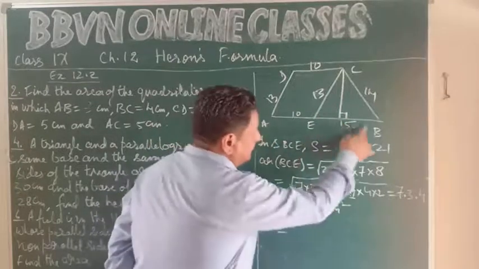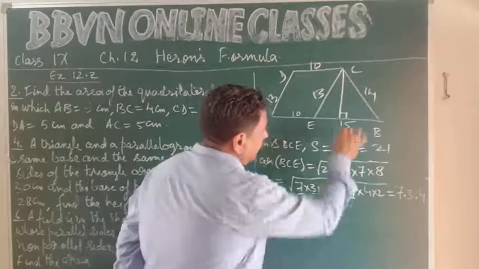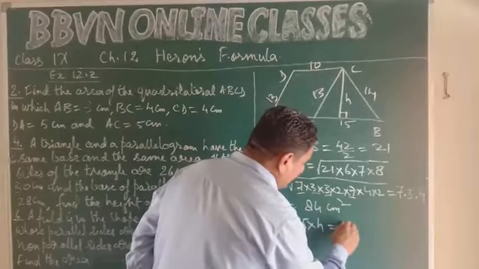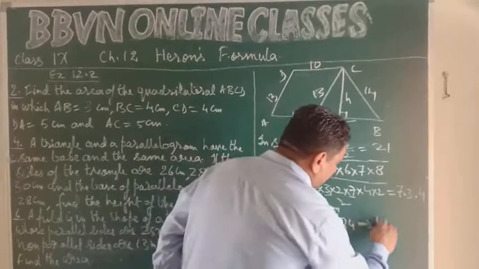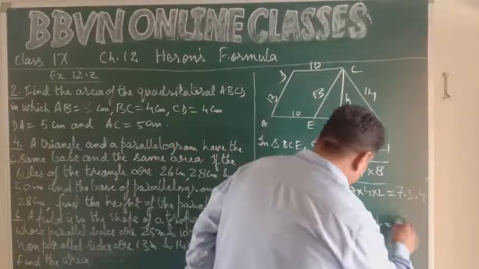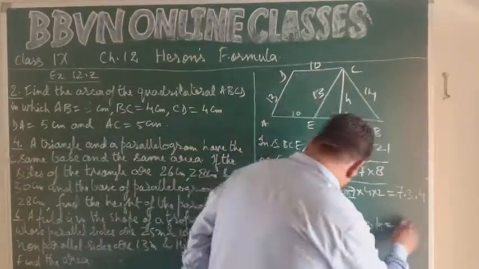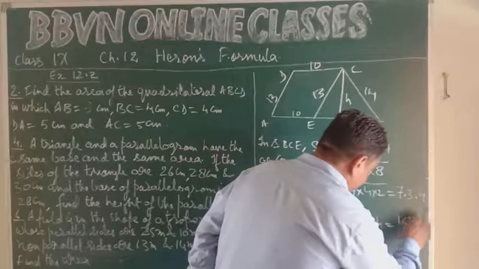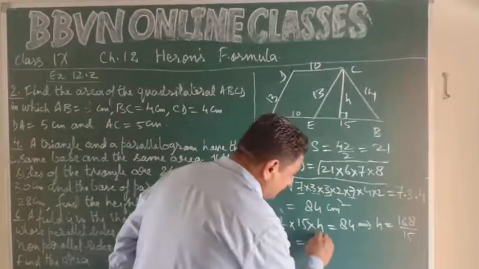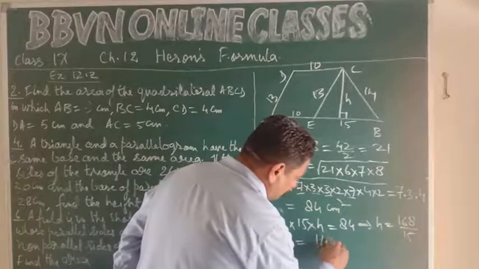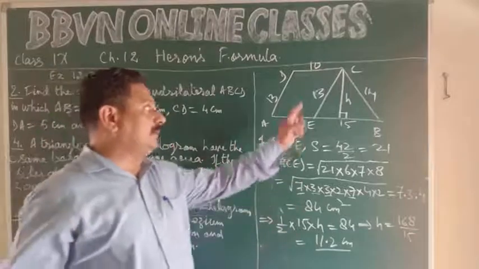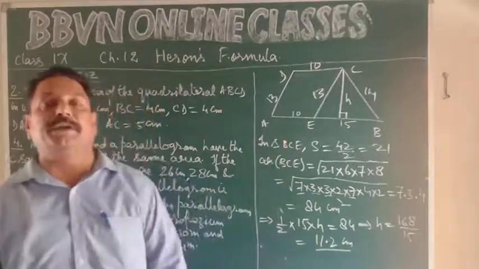Half into base, the base is 15, into this height h, is equal to 84. So h is equal to 84 into 2, which is 168, divided by 15, which is 11.2 centimeters. So we got the height of this trapezium as 11.2 centimeters.